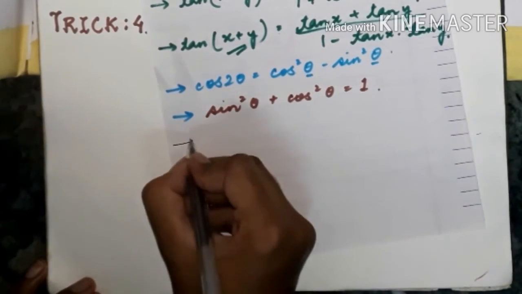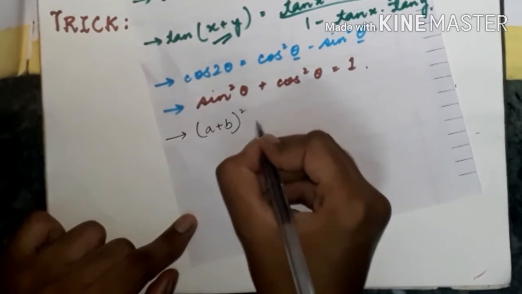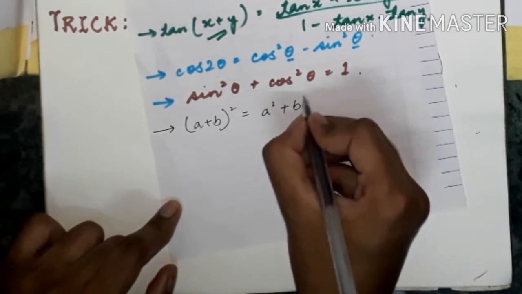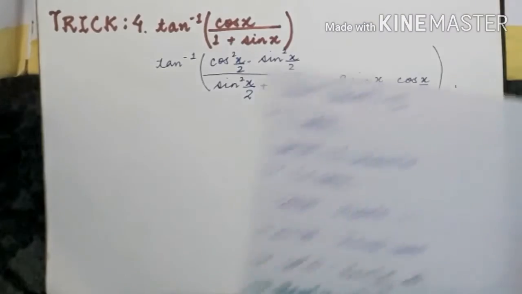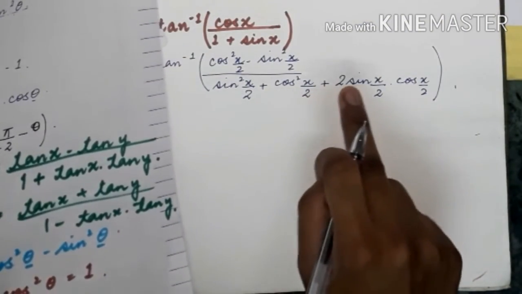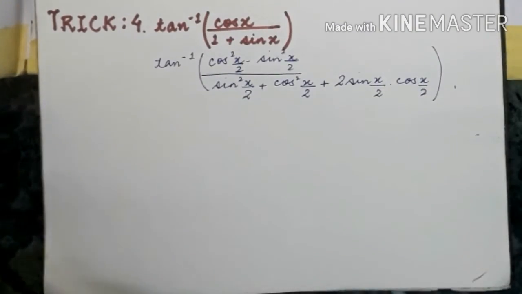This is the identity for a plus b whole square: a plus b whole square is equal to a square plus b square plus 2ab. So it is equal to a plus b whole square.